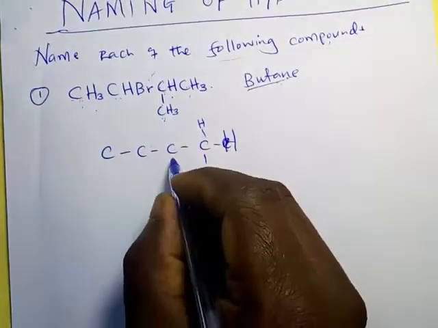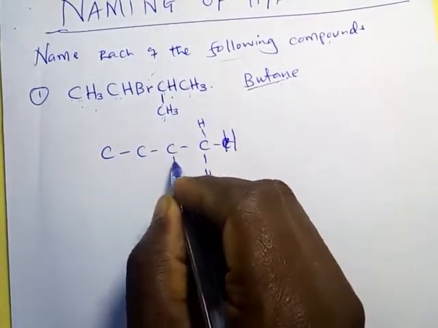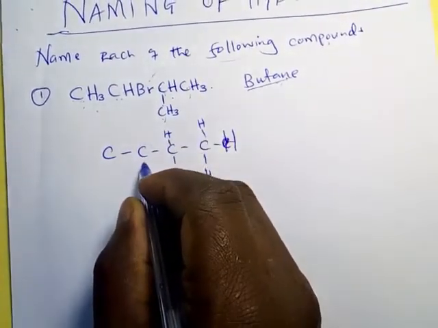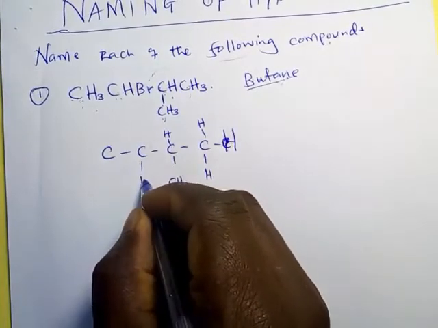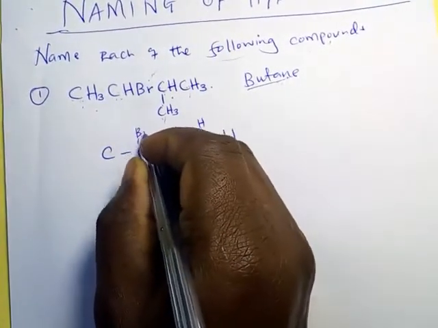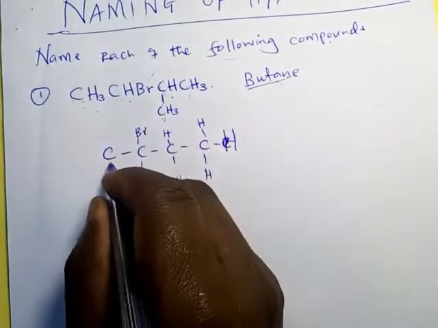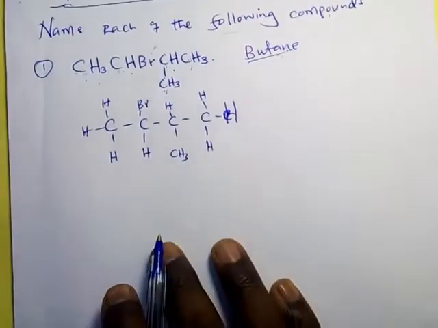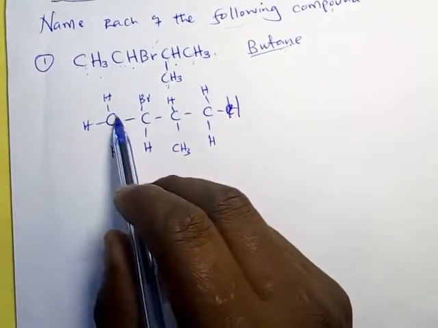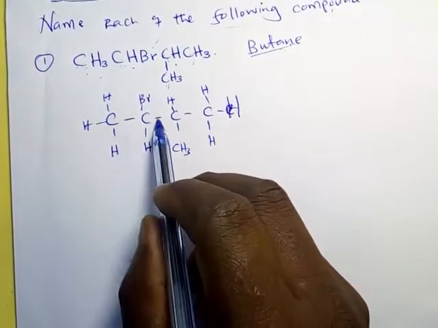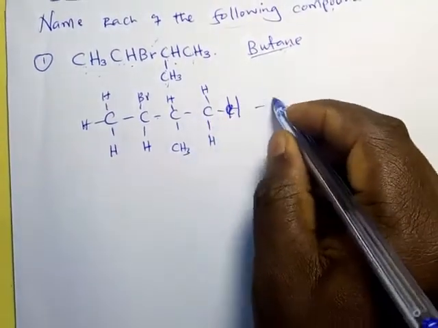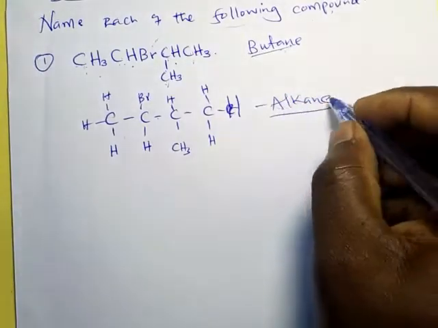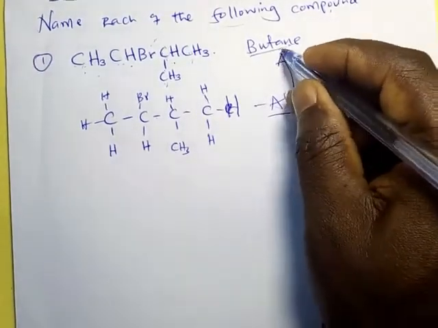This carbon we have CH3, and then we have 1 hydrogen. Here we have 1 hydrogen and then 1 bromine, and then here we have H. As we can see, in this compound every carbon atom is surrounded with single covalent bonds. Therefore, it is an alkane. So the parent name is butane.